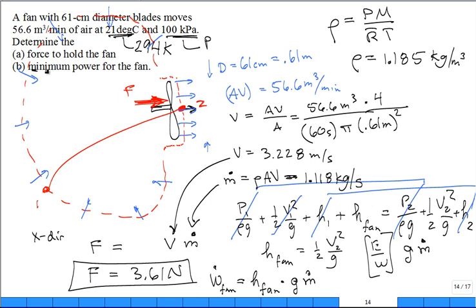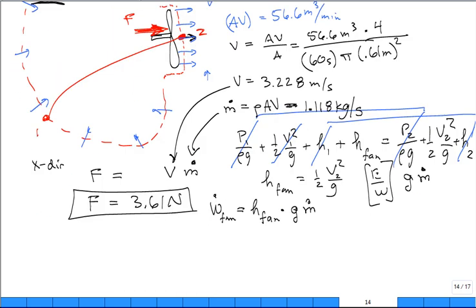So that's why it's minimum. If your fan has any losses, friction, electric motor losses, then that electric power is going to be higher. So it's going to be 1/2 the velocity squared over g times g, those cancel, times the m dot.